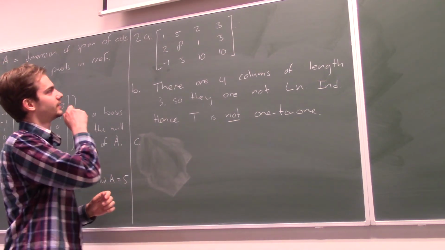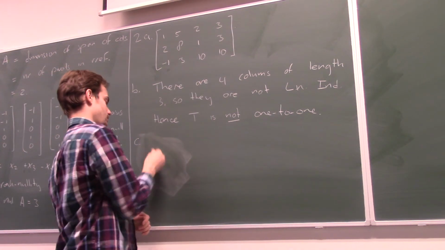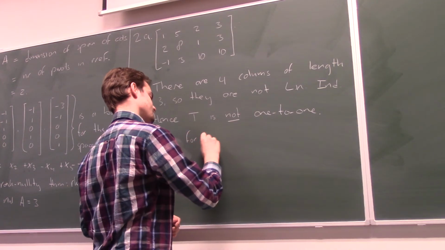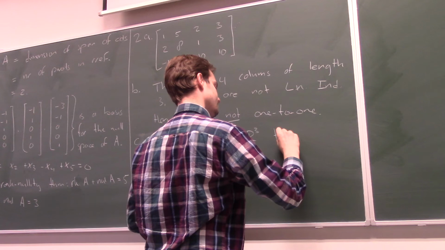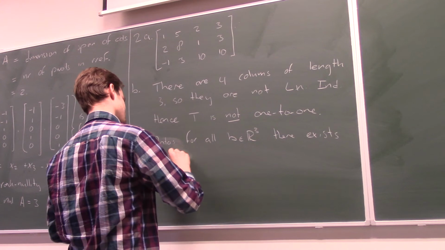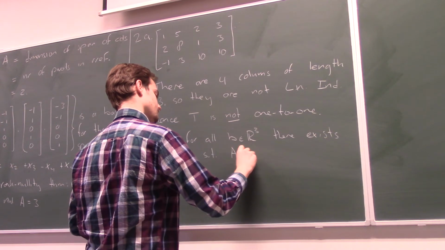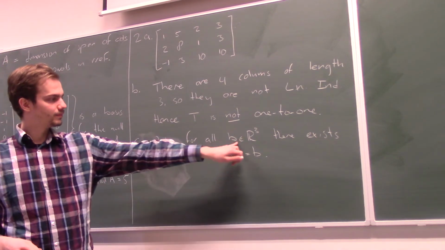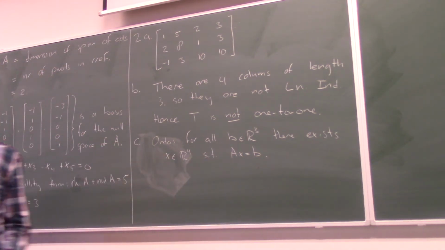So the question is if you can reach anything with this. So onto means: for every b in R3, you need some kind of x so that A times x is precisely b.